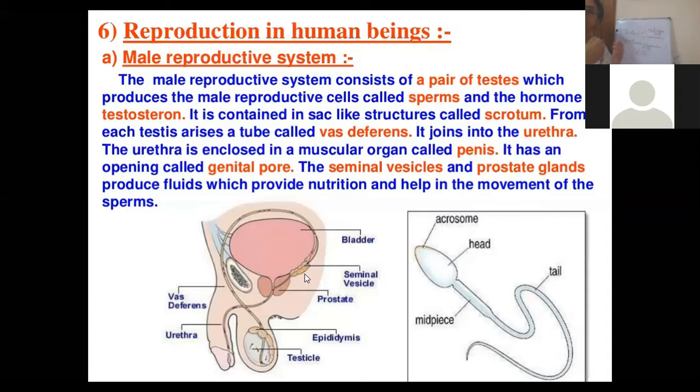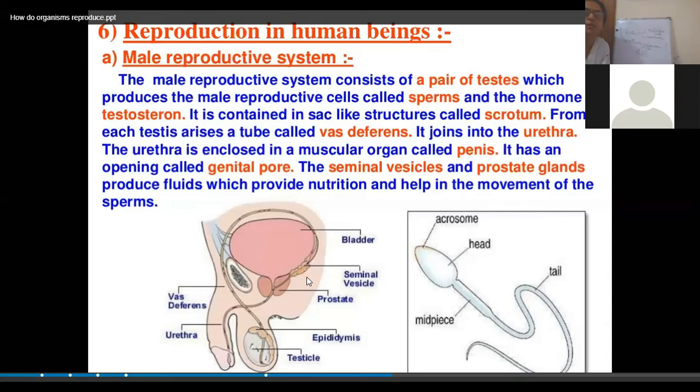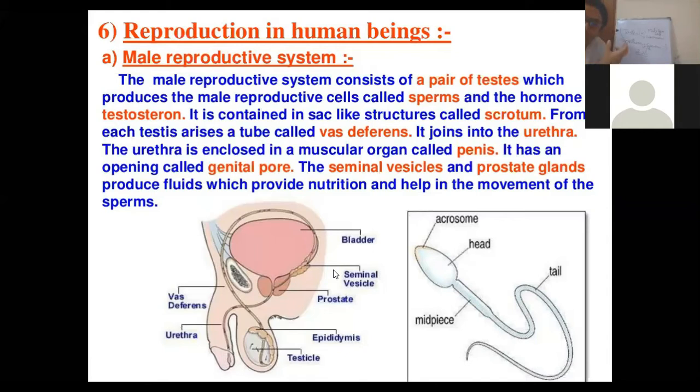Secretions are produced from glands, that is the prostate gland, the seminal vesicle gland, and even the Cowper's gland, and they drain their secretion into the vas deferens.